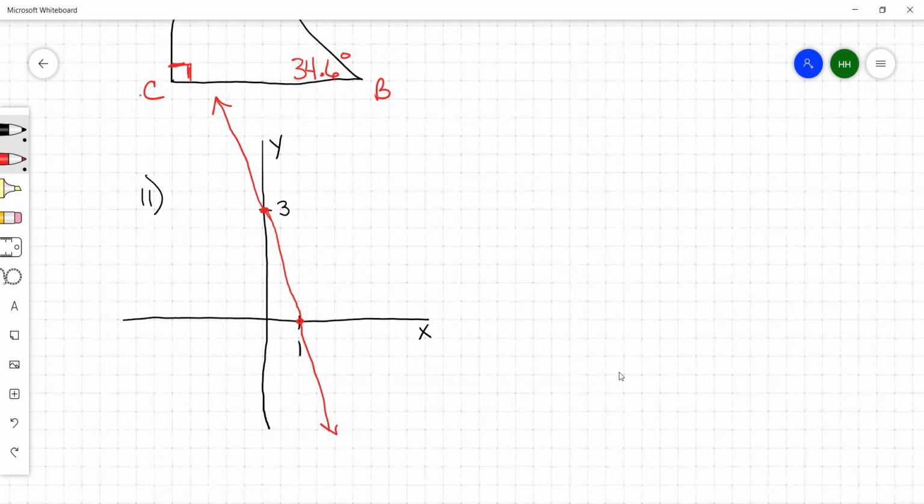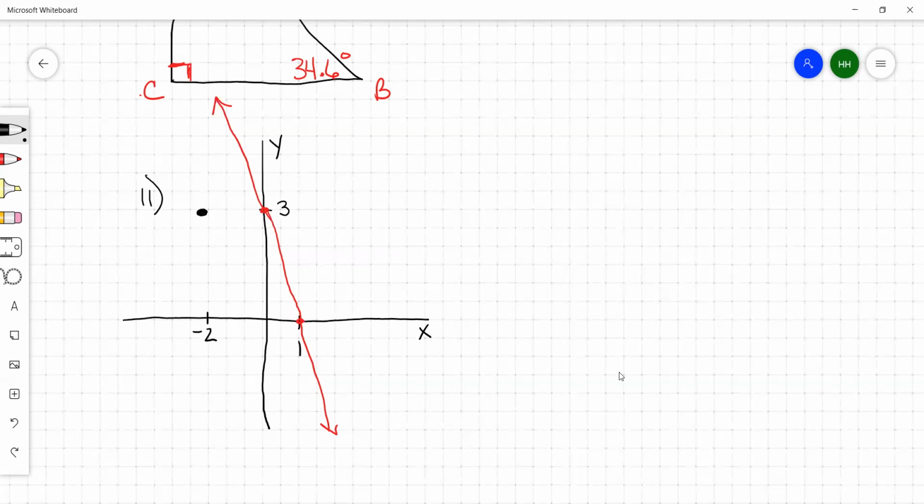Write an equation for the line parallel to the line shown. Ooh, okay. Parallel to the line shown that passes through the point -2, 3. So we got to pass through -2, 3, but we got to be parallel to the first line. We've already done this today, right?